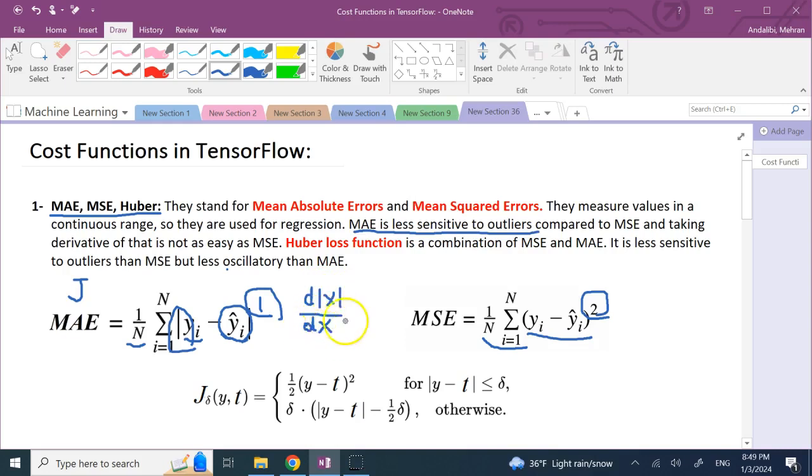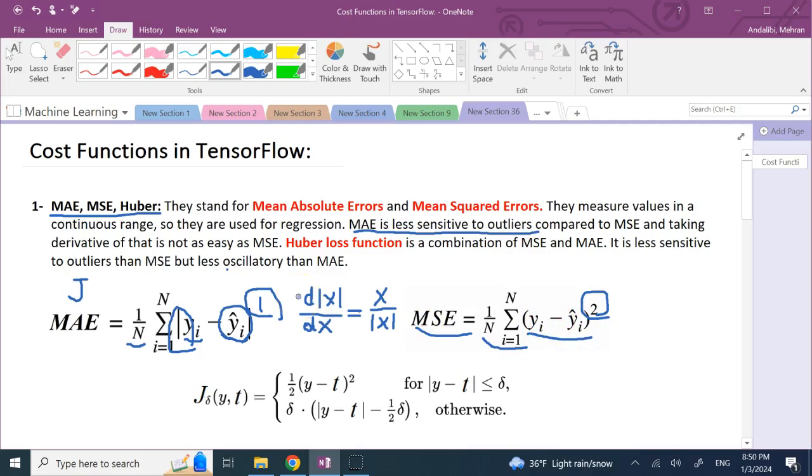The derivative is like x over absolute value of x, or absolute value of x over x, which has a discontinuity at 0. On one side it goes to 1, on the other side it goes to -1. So it's not such a nice function when it comes to taking derivatives. But for the square term, when you take derivatives, you get linear terms, and that is very easy.